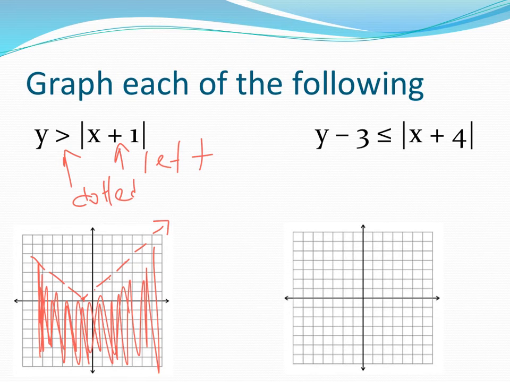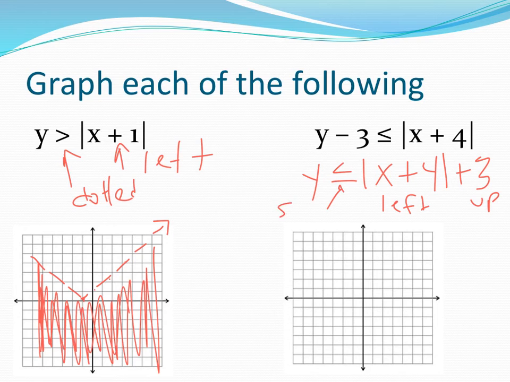So the next one, does this look like a form I can work with it in? Well, let's actually add the 3 over to the other side. So I'm going to have 4 to the left, 3 up, and it's going to be solid.